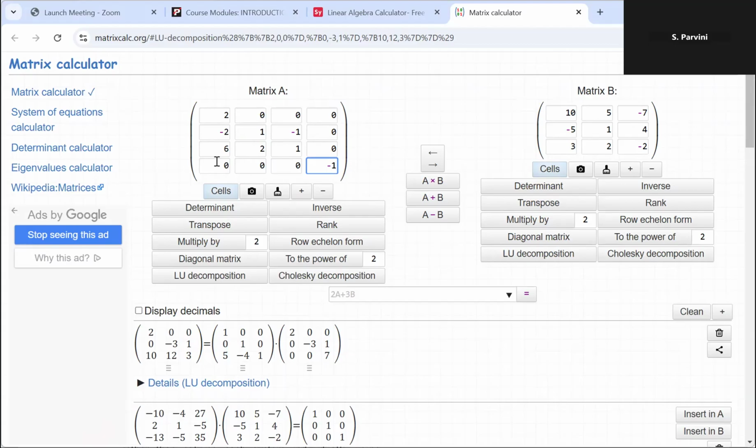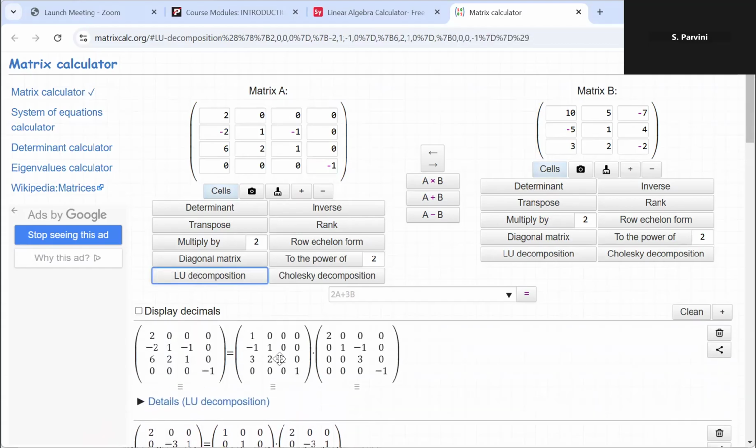And we're going to do the LU decomposition now. There you go. Boom. Here's your LU decomposition. So I'm just going to write these down now. So matrix A is LU. I'm copying the matrix down. L is 1, negative 1, 3, 0; 0, 1, 2, 0; 0, 0, 1, 0; 0, 0, 0, 1.